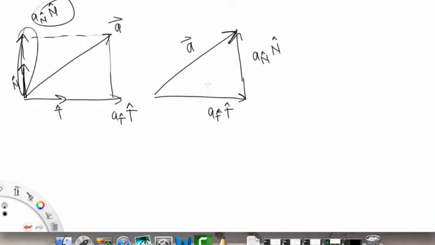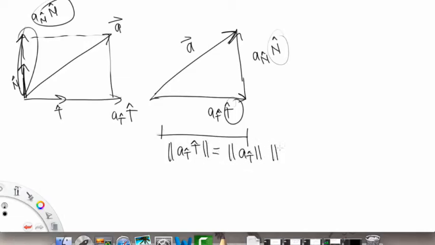One thing to note is that because our tangent and normal are unit vectors, they have length 1. So they contribute nothing to the length, because we're multiplying. So the length of this side along the bottom, if we take the magnitude, we have this, and separately the magnitude of the unit vector, which is just 1.